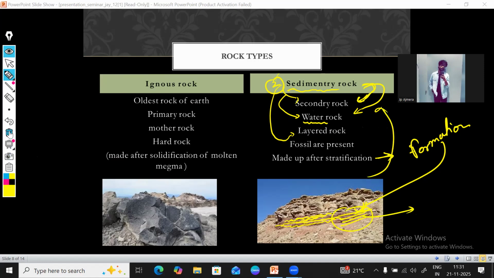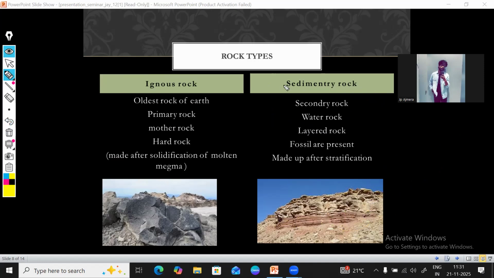I hope you understood what we learned here. What are the other names of sedimentary rock? Secondary rock, water rock, or layer rock. All three are the same rock. Fossil fuels are present in sedimentary rocks. Because if any animal died when sediment was deposited layer by layer, imagine by chance an animal died for some reason, it got covered by these layers.